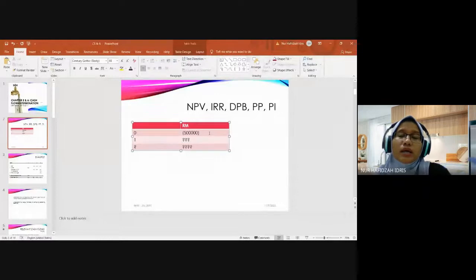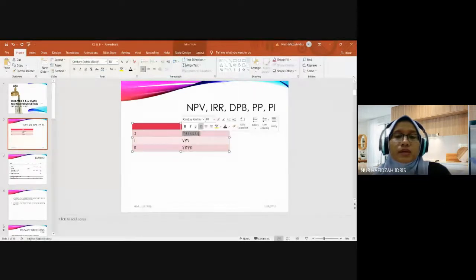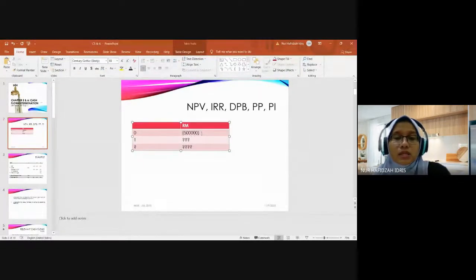Because if you do not want to buy this machine, you do not pull out your cash of 500,000. So therefore this 500,000 is the incremental cash flow. Let's say this is machine A.